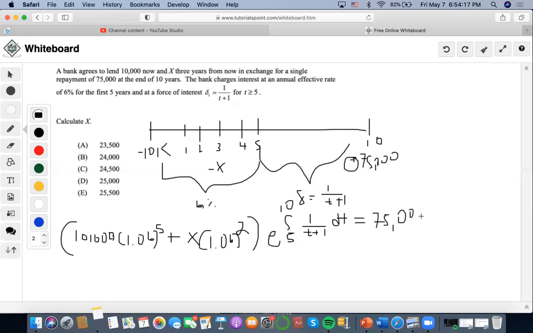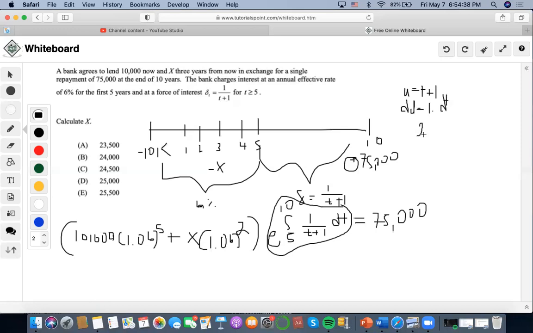Now, let's do this thing. Well, we're going to solve for this one first, right? We can set u to t plus 1. Also say du equals 1 times dt, right? So 1 over u, right?